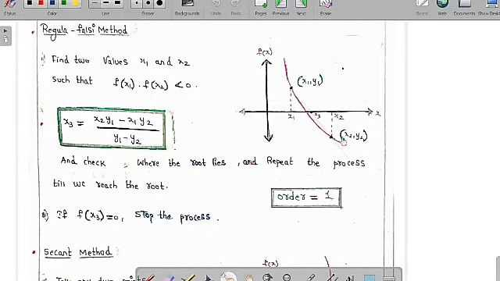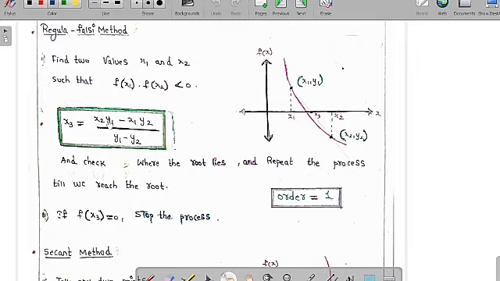For this equation, if I keep y equal to 0, it means this line is going to meet the x-axis. So with y equal to 0, you are going to get an equation which is x3 is equal to (x2 y1 minus x1 y2) by (y1 minus y2). So this is the equation which we are going to get, where this line meets the x-axis. That point is nothing but x3.